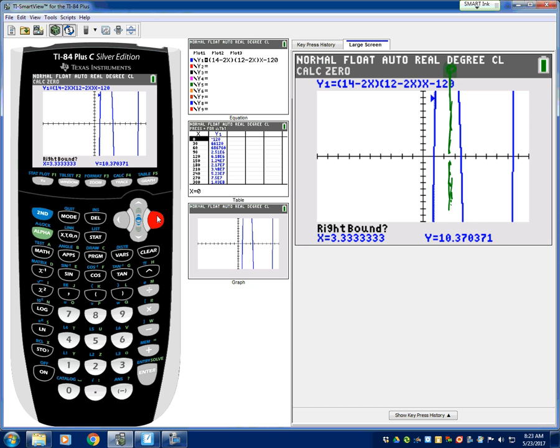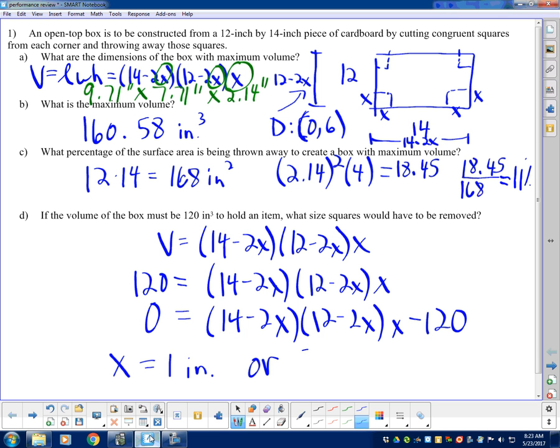It looks like somewhere between 3 and 4 is where it crosses. There it is. So that'll work for a right bound, just below the other 0. I go 1 left arrow back, hit enter, and it will give me the other place. So 3.6 inches is the other spot. That will give me a volume of exactly 120 cubic inches.